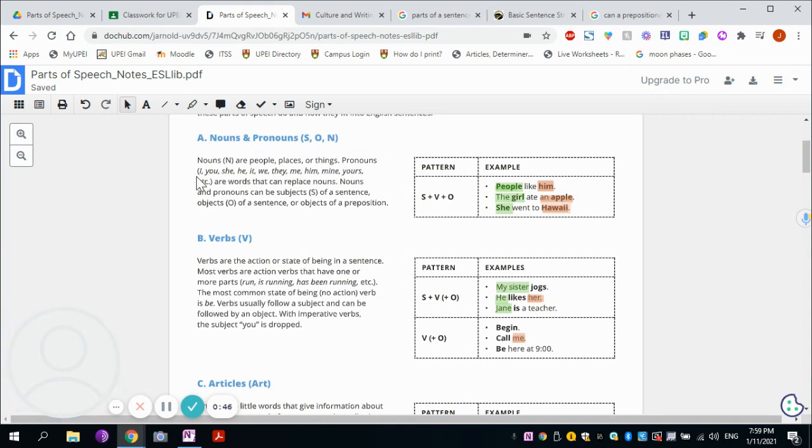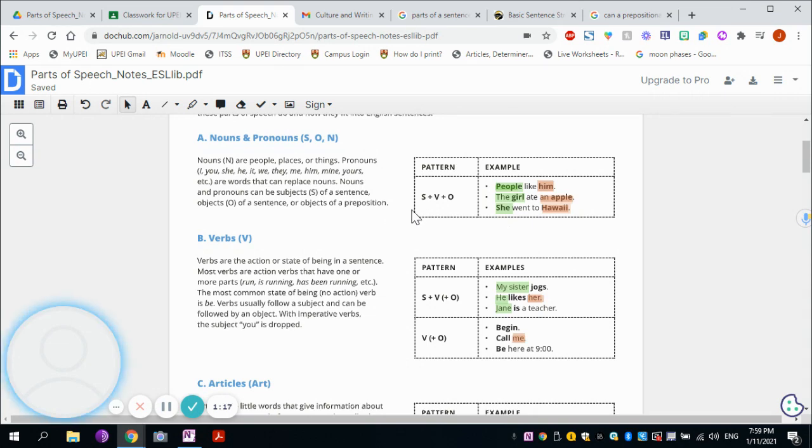Pronouns are words like I, you, she, he, it, we, they, me, him, mine, yours, etc. These are words that can replace nouns. Nouns and pronouns can be subjects, S, of a sentence, objects, O, of a sentence, or objects of a preposition.